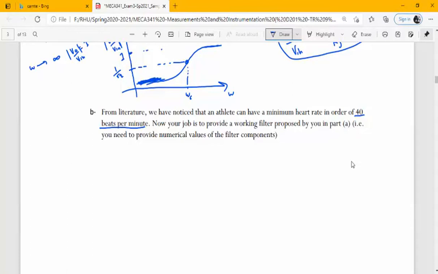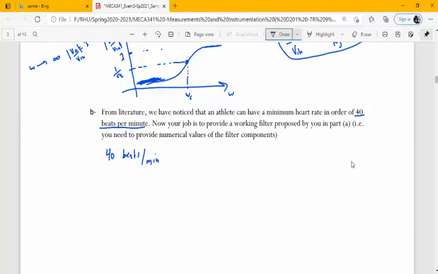The minimum frequency of the heart is 40, so we need to remove anything below 40, or the DC, in order to remove the DC component. So we should keep the 40 and the frequencies above. We have 40 beats per minute.